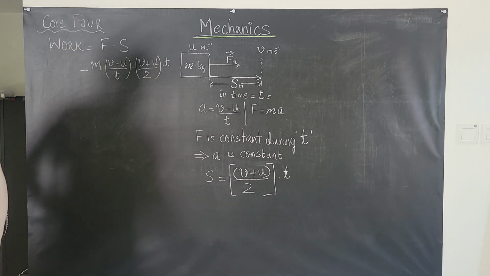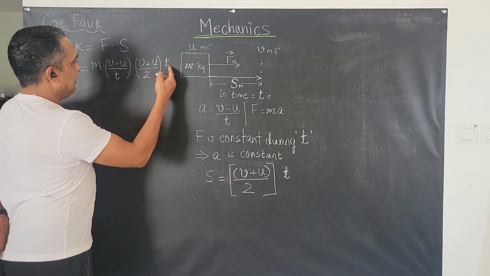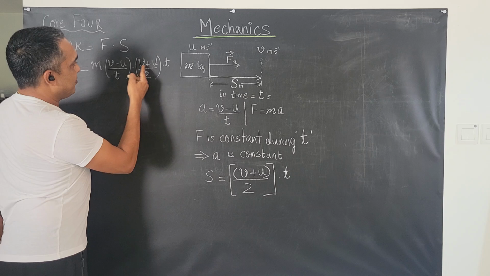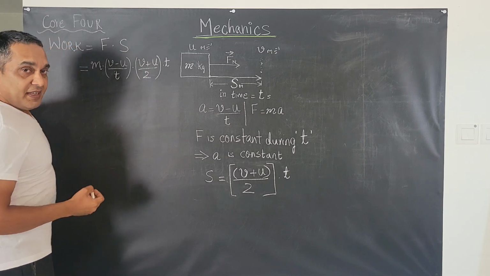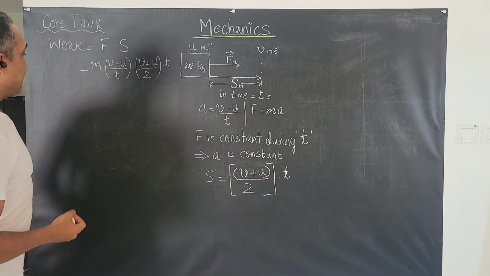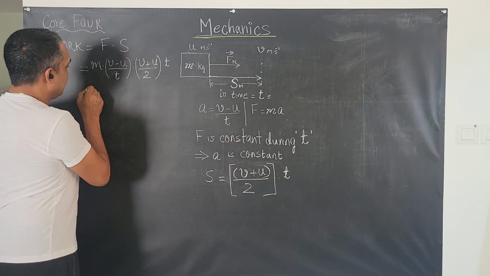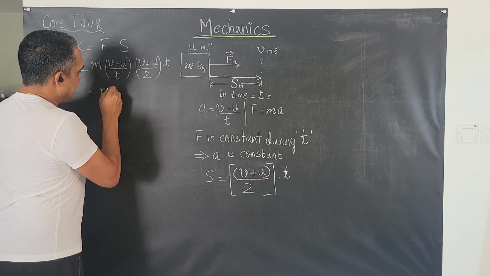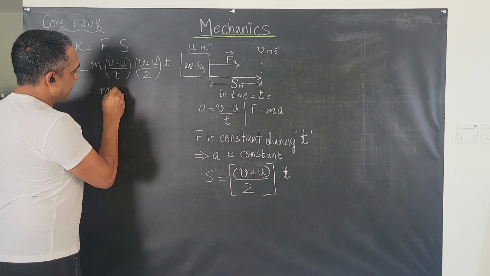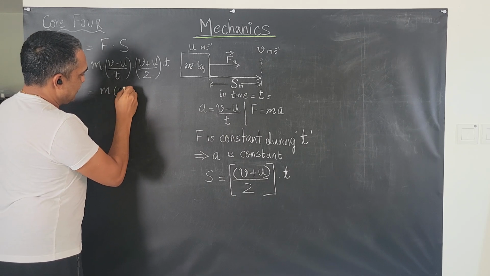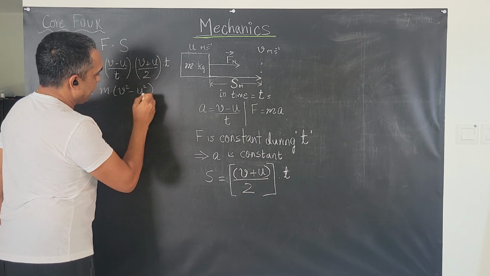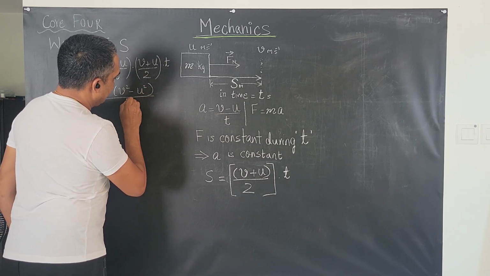Now if you know your mathematics, I can tell time cancels out, and then v minus u and v plus u, if you know your algebra, a minus b times a plus b is a square minus b square. This would become mass times v square minus u square by 2.